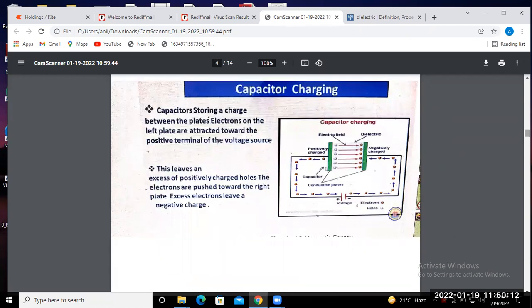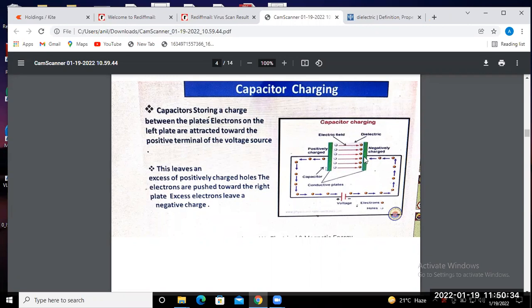So during the capacitor charging period, when the capacitor is connected through a battery, the capacitor is storing charge between the two plates, with electrons on the left plate. That means here is negative charge.